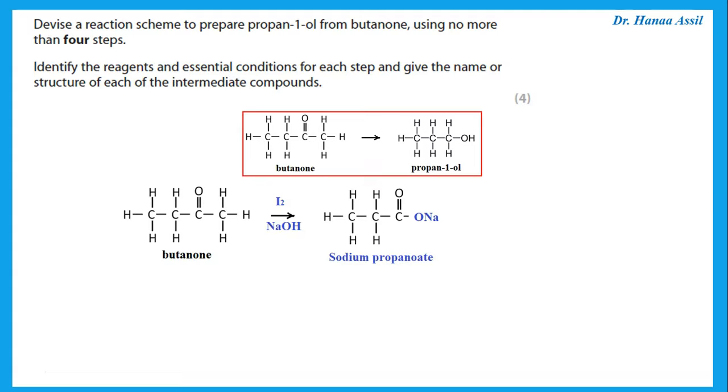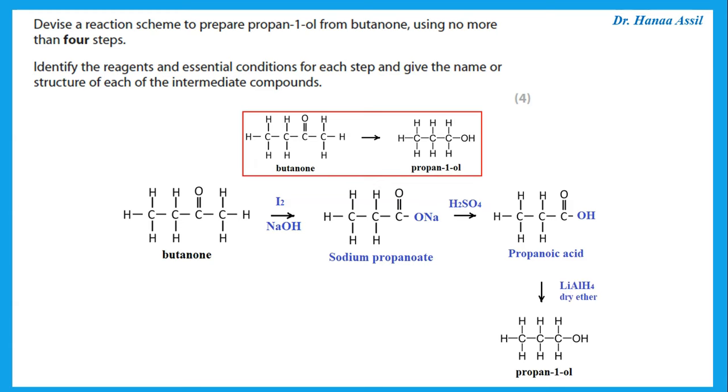This gives the sodium salt of the acid part on the left. And then I can do hydrolysis with sulfuric acid to give the propanoic acid. Lithium aluminium hydride in dry ether would change the acid into the required alcohol.